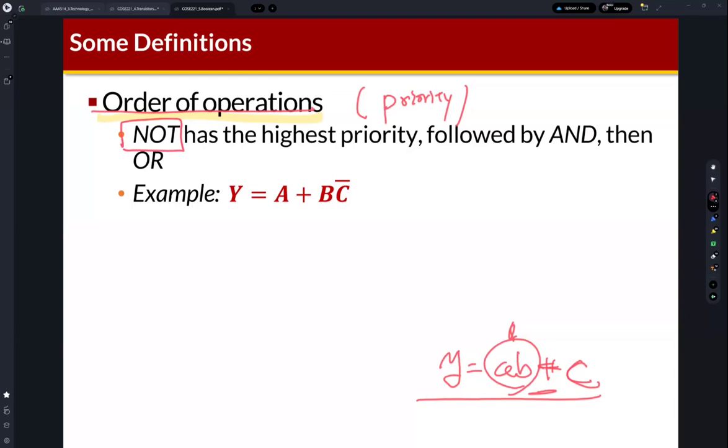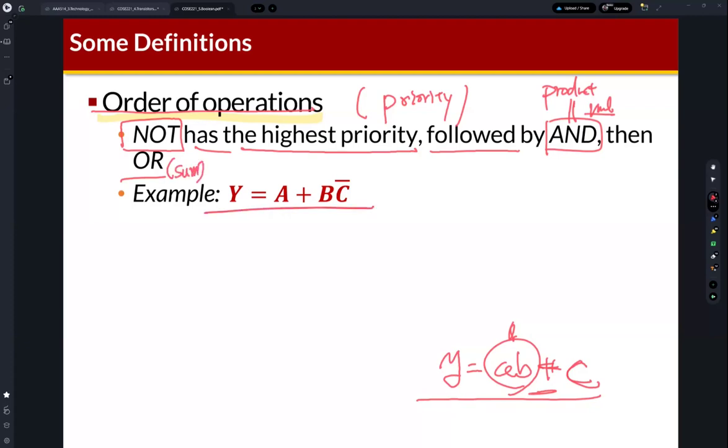NOT has the highest priority, followed by AND, because AND is similar to multiplication, the product. Multiplication has a higher priority than addition, and then OR is a sum.